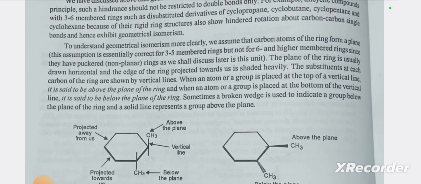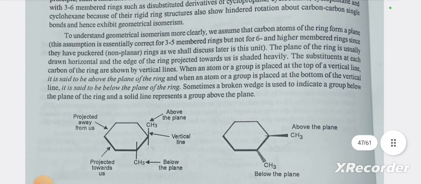To understand geometrical isomerism more clearly, we assume that the carbon atoms of the ring form a plane. The plane of the ring is usually drawn horizontal, and the edge of the ring projected towards us is shaded heavily. The substituents at each carbon of the ring are shown by vertical lines.